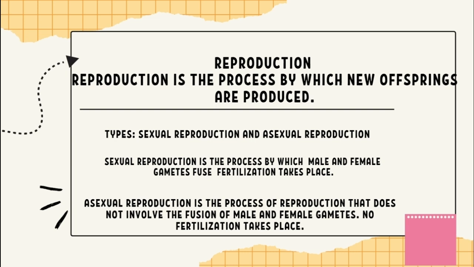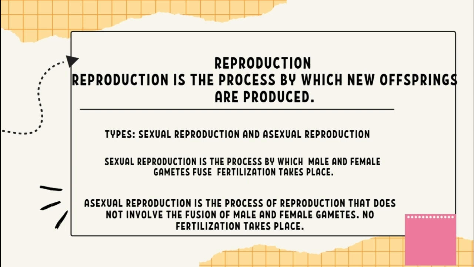So basically, there are 2 main types of reproduction. We have sexual reproduction and asexual reproduction. Off the bat, when I say sexual versus asexual reproduction, human beings don't undergo asexual reproduction. Let's just put that out there.